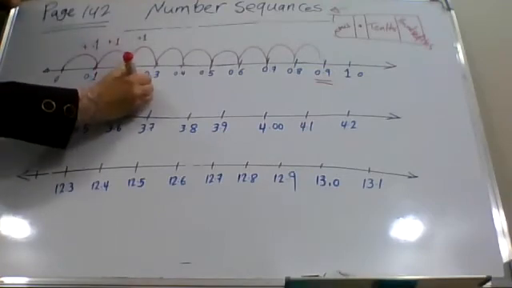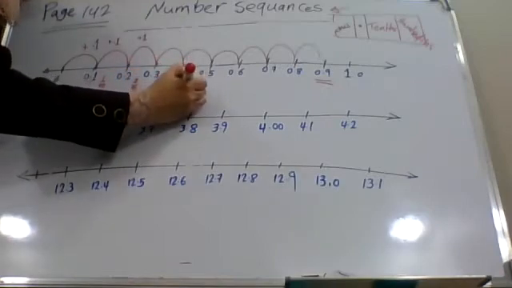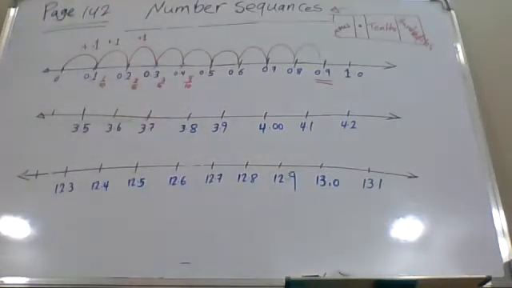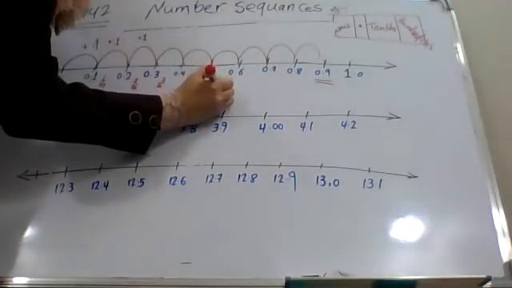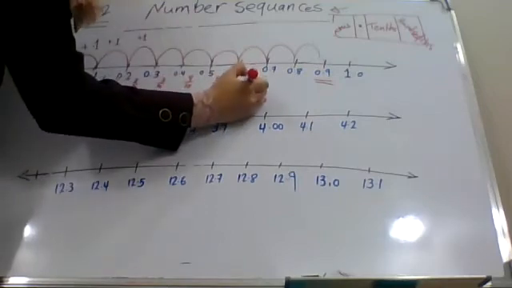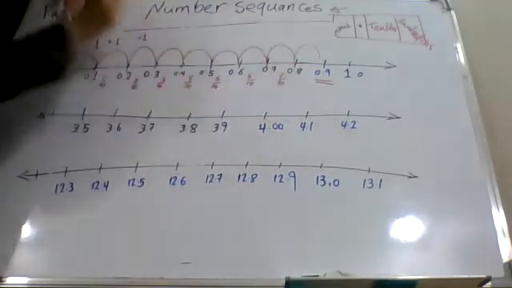This is 2 out of 10, so you ate 3 parts out of 10 parts. You ate 4 pieces. If your mom cut the cake into 10 pieces, you ate 5 pieces out of the 10 pieces. You ate half of the cake, okay? You have eaten 6 pieces out of 10 pieces. You have eaten 7 pieces out of 10 pieces.